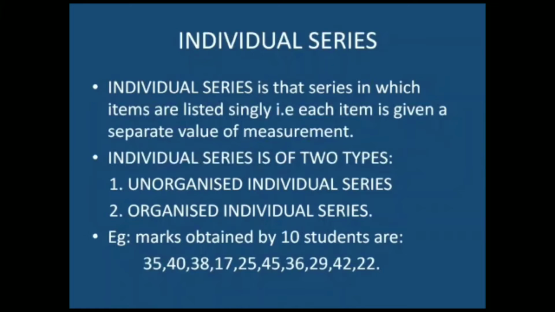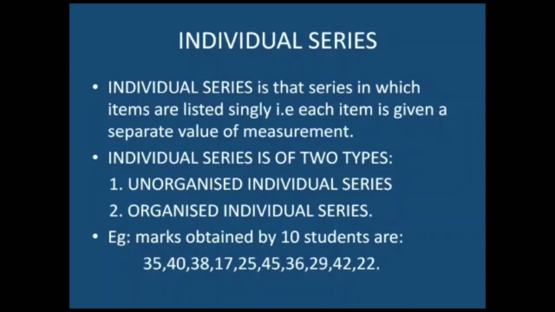Before going to that, let us see this example. Here marks obtained by 10 students are given. The first student got 35 marks, the second student got 40 marks, the third got 38, then 17, 25, 45, 36, 29, 42 and 22. By seeing these marks of 10 students, what do we understand?